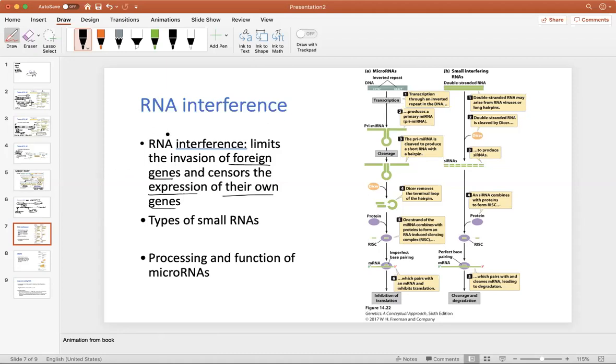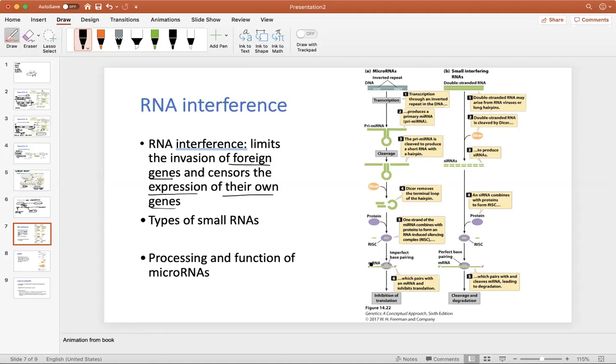So basically what had happened was there was a group that was trying to knock down a protein, trying to knock down gene expression to understand what that protein did. If you turn a protein off in a cell and then you see what happens to the cell, that gives you a great idea of what a protein does. And the way they were doing that was they were injecting RNA that matched the messenger RNA into the cell.